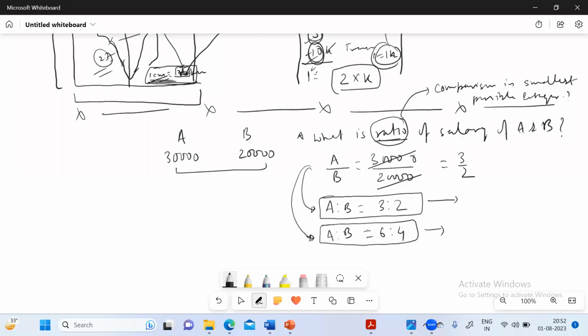So for this ratio, the multiplier is 10,000, and when we doubled the ratio to 6:4, the multiplier is 5,000.